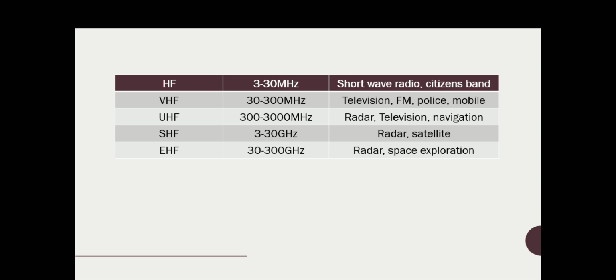SHF is super high frequency, that is 3 to 30 gigahertz. That is radar, satellite applications. Then EHF is extremely high frequency, that is 30 to 300 gigahertz. That is used for radar and space explorations. So these are some of the frequency spectrum and its usage.